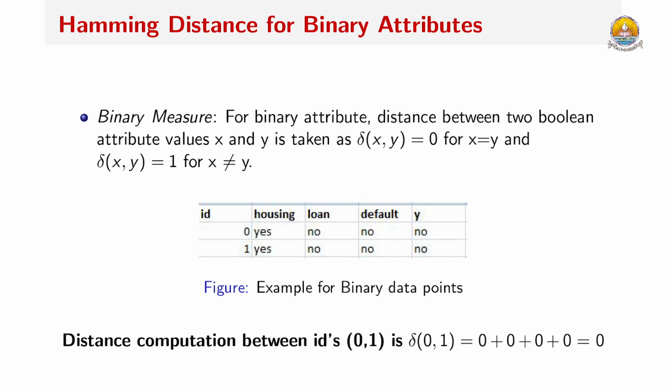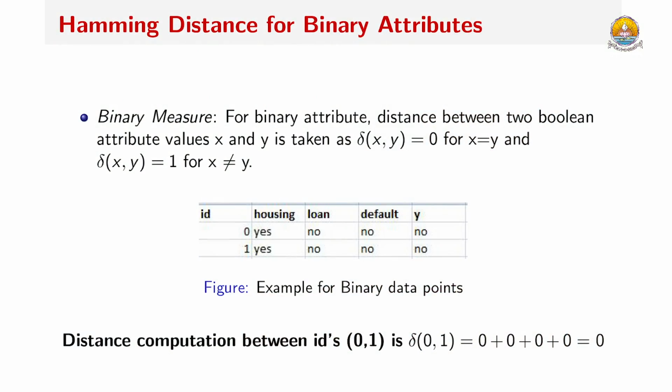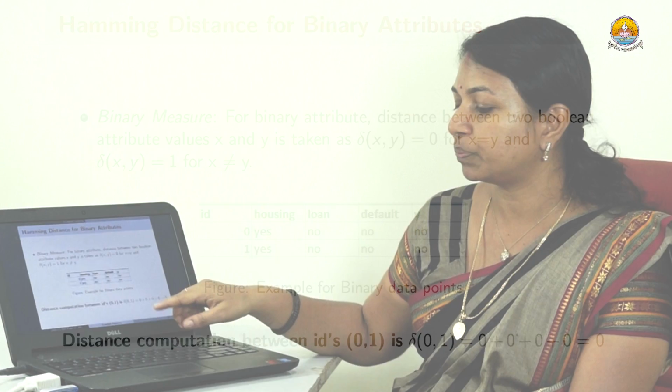Yes indicates same, no indicates same, no again indicates same for default, and no indicates same for the Y attribute. That indicates there is no difference at all, and both row number 0 and row number 1 are the same in terms of binary attributes. That is the reason we are getting the value 0.